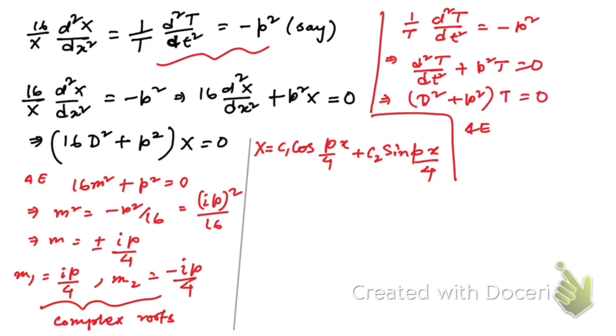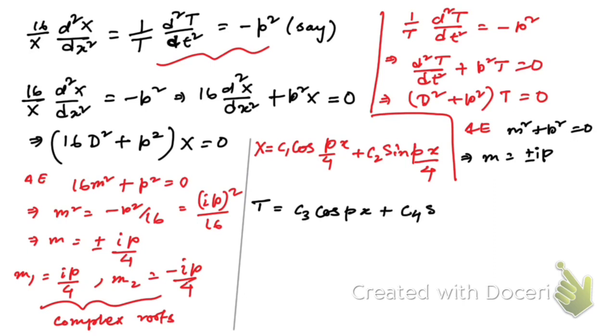So here the auxiliary equation is m square plus p square is equal to 0, and if you solve it, you're going to have plus minus ip, not only p, right? So again we have got complex roots. Here the solution is c3 cos pt plus c4 sin pt, since beta is p now. That's what we have got.